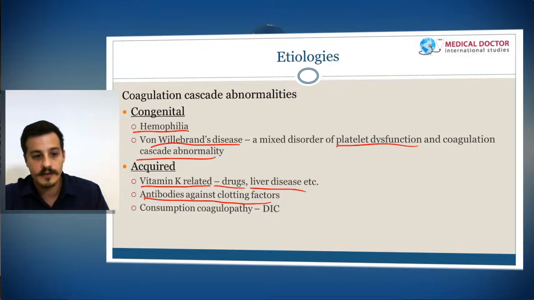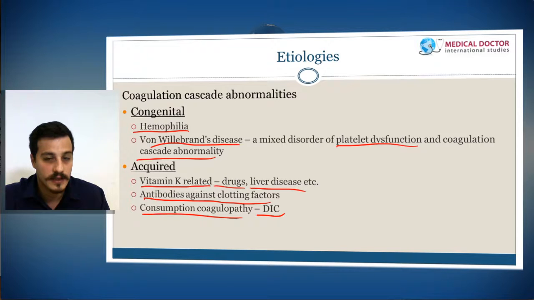And we also have consumption coagulopathy, which most often relates to disseminated intravascular coagulation, which we've talked about in the previous lesson as well, where we have both consumption of platelets and coagulation factors leading to abnormality in both of these areas.